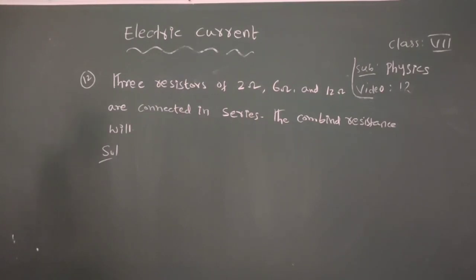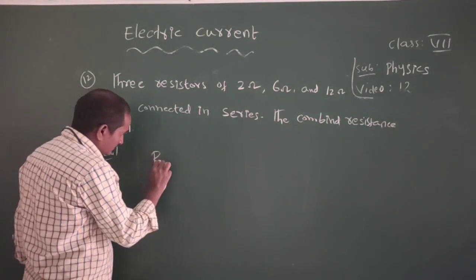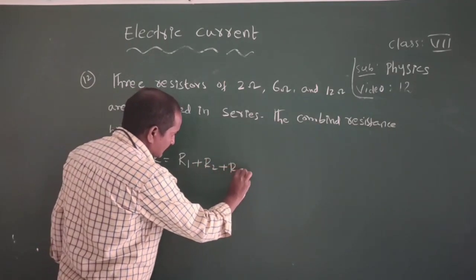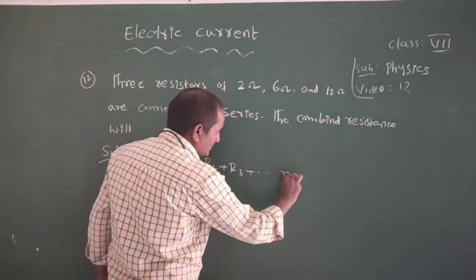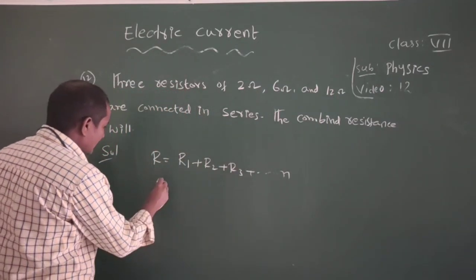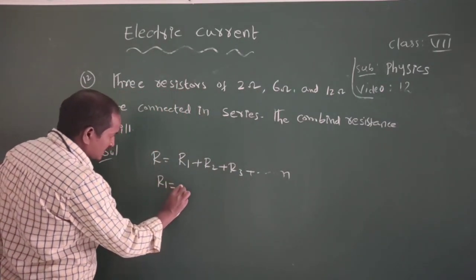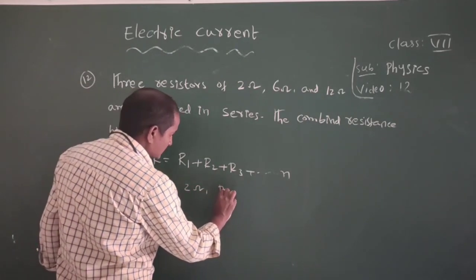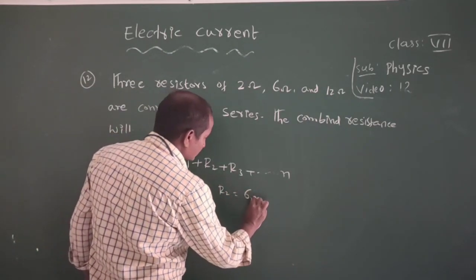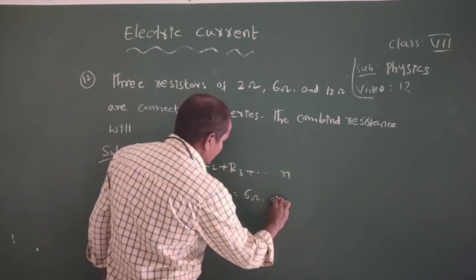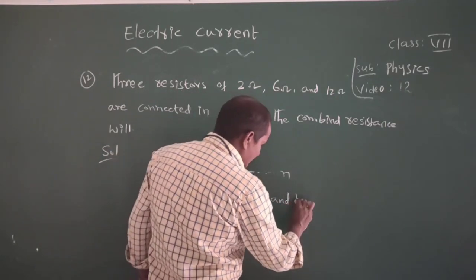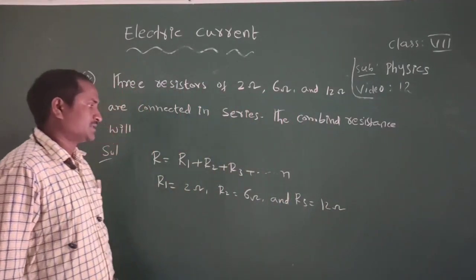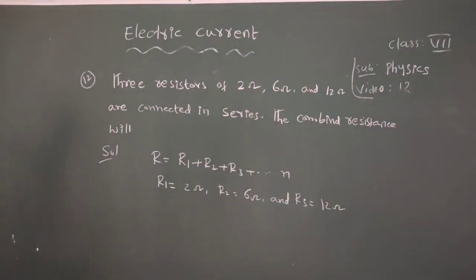The combined resistance R equal to R1 plus R2 plus R3 plus so on up to n resistors. But here R1 equal to 2 ohms, R2 equal to 6 ohms and R3 equal to 12 ohms.